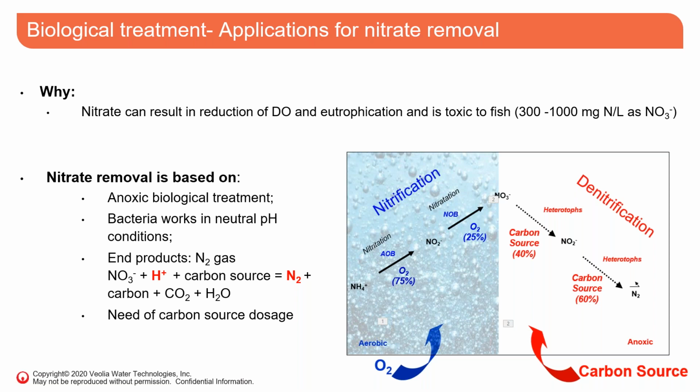It can cause eutrophication of the lakes and rivers, but it's not toxic. But you can still remove them using anoxic treatment. Still at neutral pH, but this is a mixed reactor, no oxygen, and you need a carbon source to reduce nitrate to final nitrogen gas.